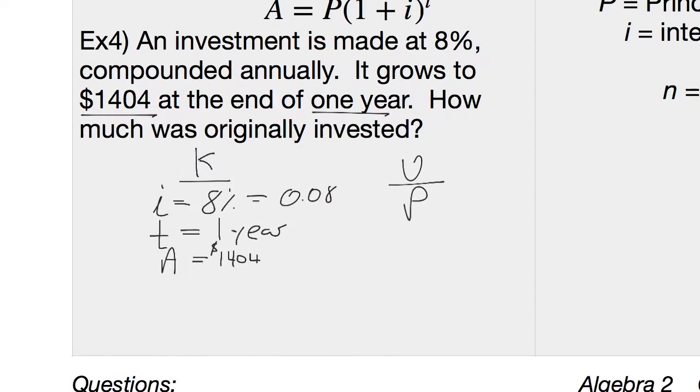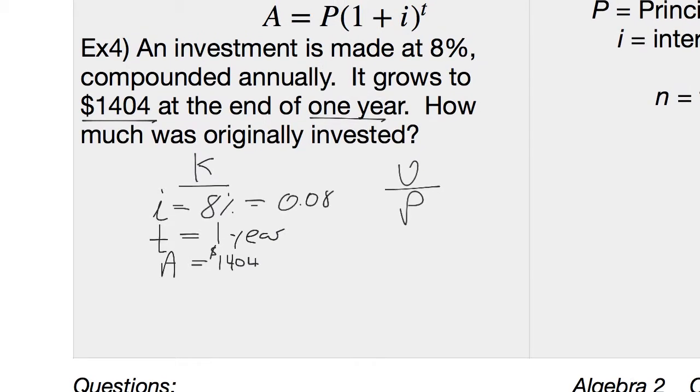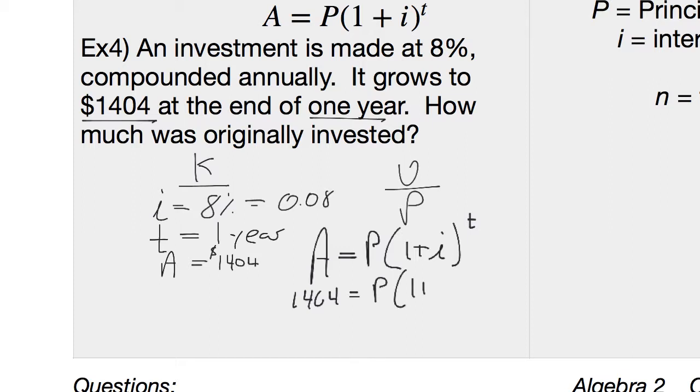Using the equation, we can substitute, and we get A equals P times 1 plus I to the T power. So, substituting our knowns, we get 1404 is equal to the unknown P times 1 plus 0.08, all raised to the first power.